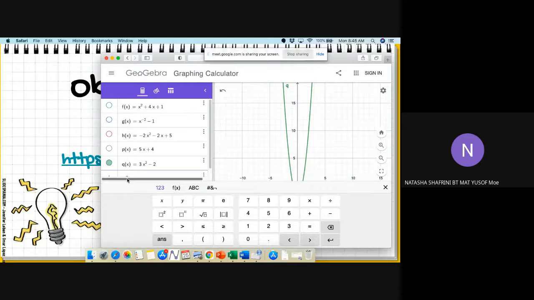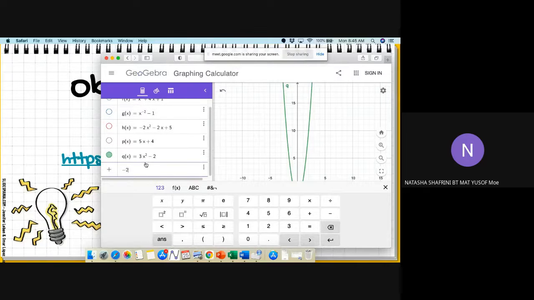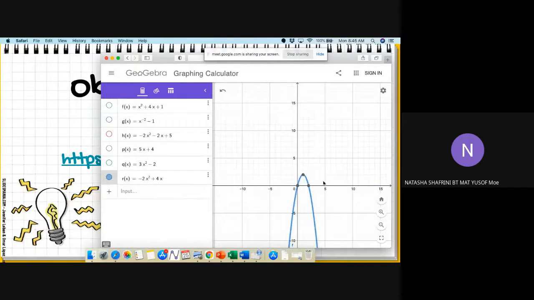Negative 2x square plus 4x. Okay, how about this? Negative 2x square plus 4x. Maximum.